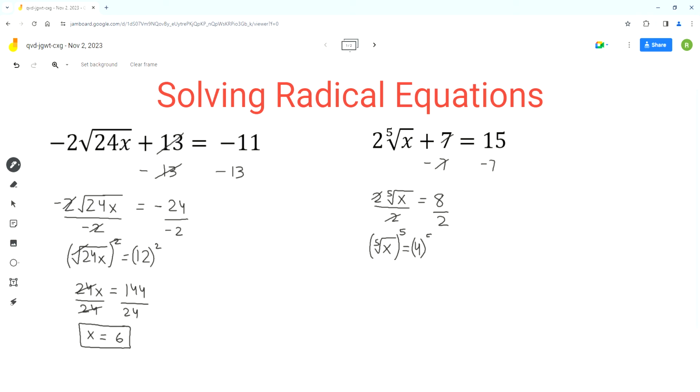So we'll have to do that on both sides. So on the left side, the fifth root and the power 5 cancel each other out. So we are left with just x equals 4 to the power 5, which can be evaluated to 1024. So this should be the final answer for this radical equation.